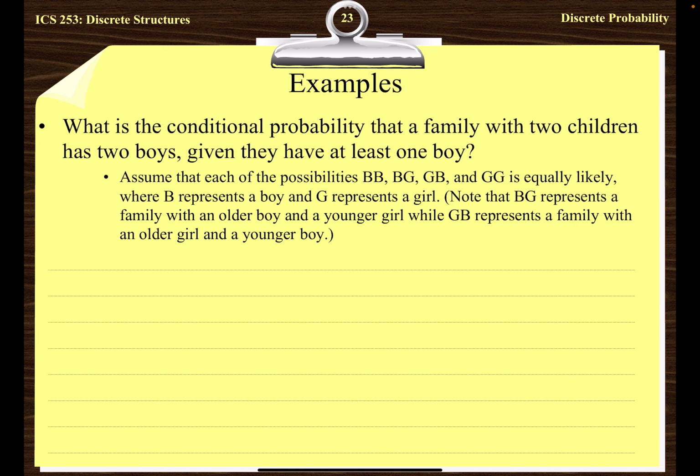Okay. What is the conditional probability that a family with 2 children has 2 boys, given they have at least 1 boy? A family with 2 children has 2 boys, given they have at least 1 boy. So what is E and what is F in this case?